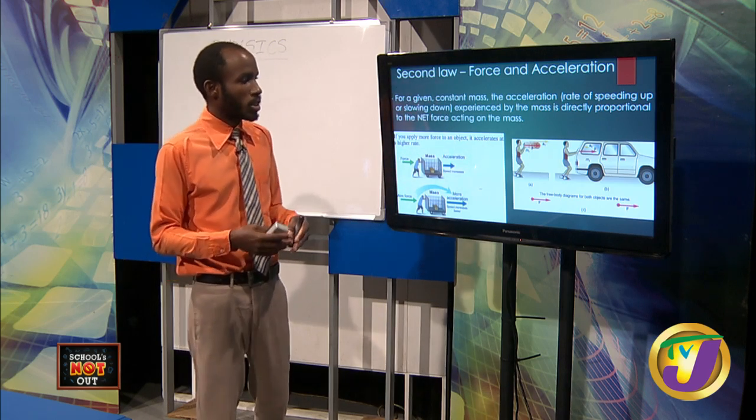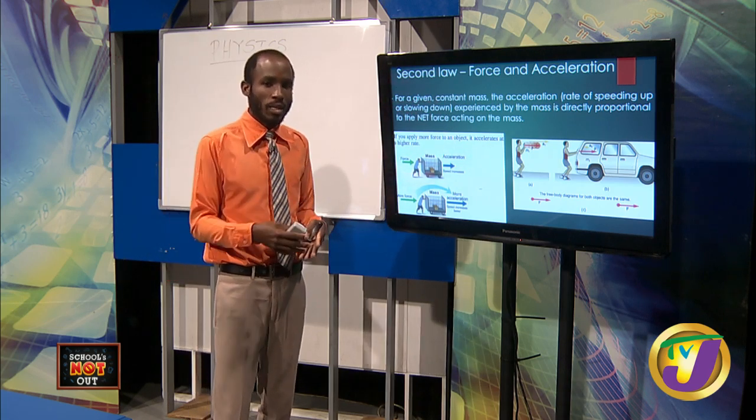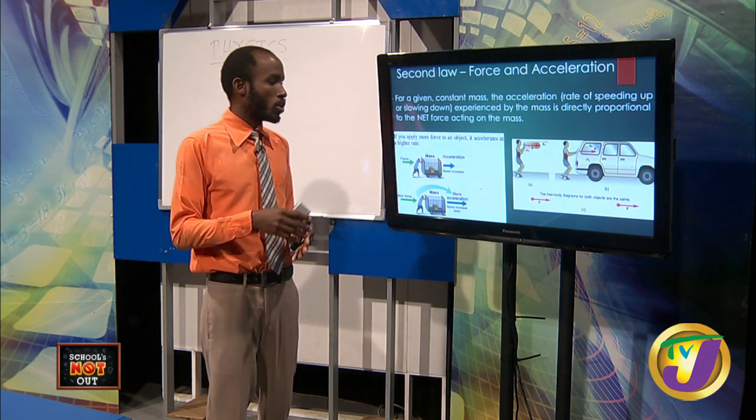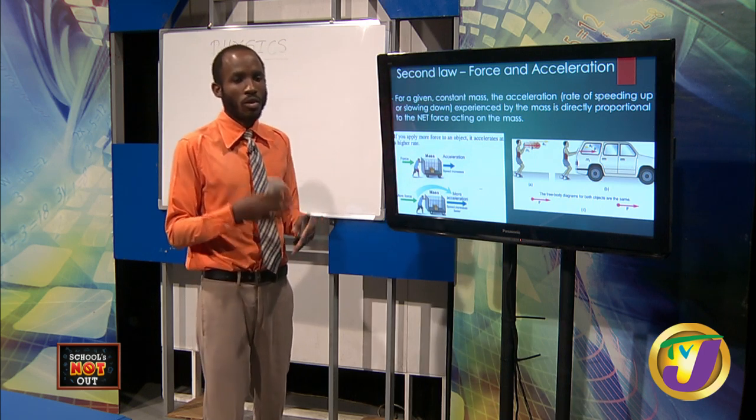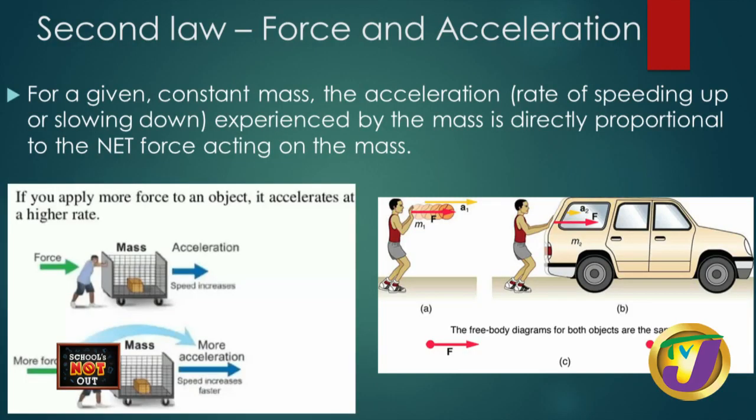So the acceleration experienced by that mass is directly proportional to the net force acting. Now from math, you should have learned proportionality. Proportionality essentially means if 2 results in 4, then if you double 2, then 4 must double. If you make 2 half as much, then 4 becomes half as much. That is how proportionality works.